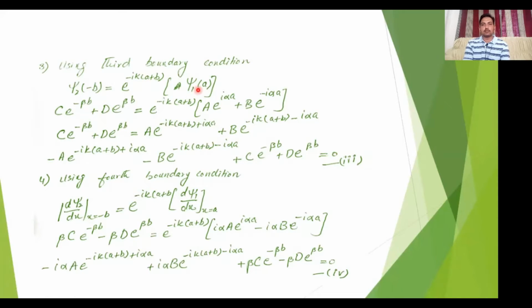Use psi 1 and put x is equal to a. So you get this relation over there. So here you have exponential beta x and exponential minus beta x. So you replace x is equal to minus b. So this will become c exponential minus beta b. This will become d exponential beta b. And on this side, exponential function remains as it is.